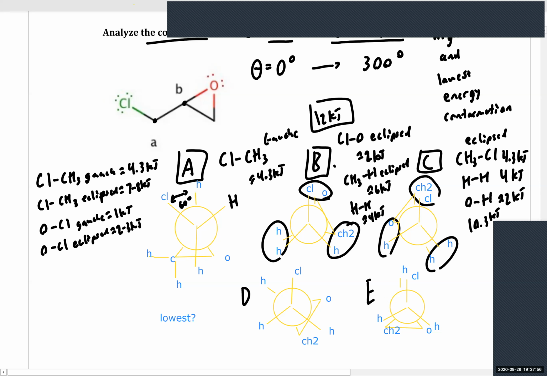Okay, so we're starting to get some estimations down. What about for structure D? What interactions do we have in structure D?